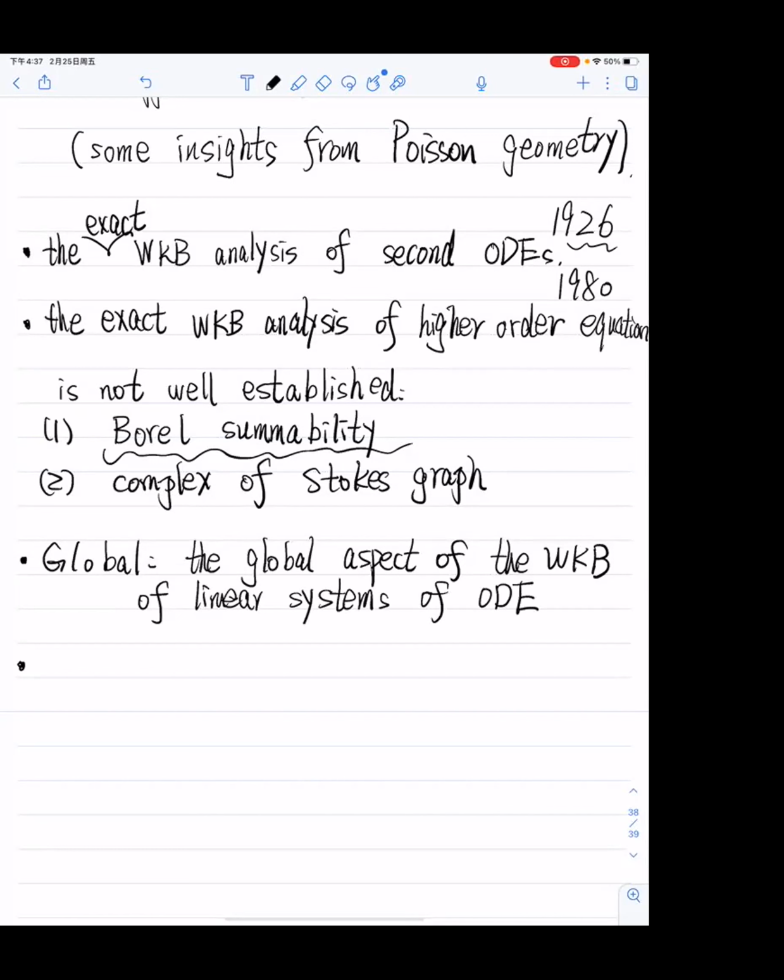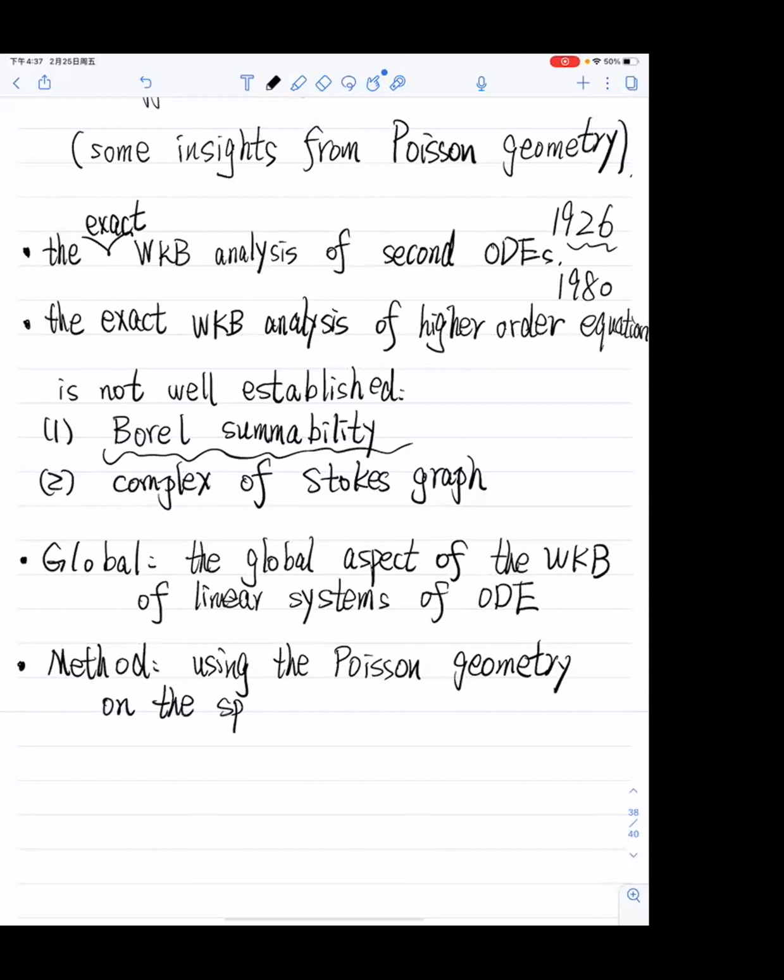And the method in my talk is sort of using the Poisson geometry. The Poisson geometry on what? On the space of the monodromy data of your system.